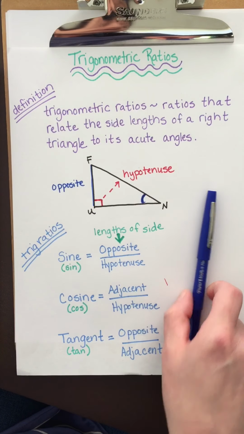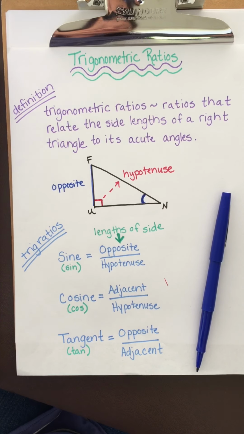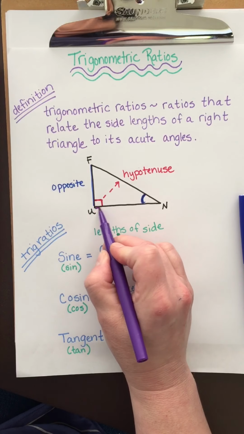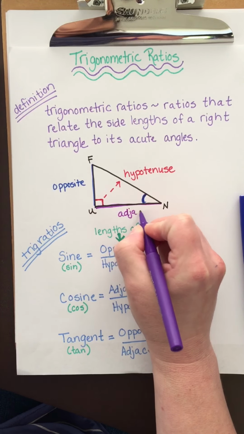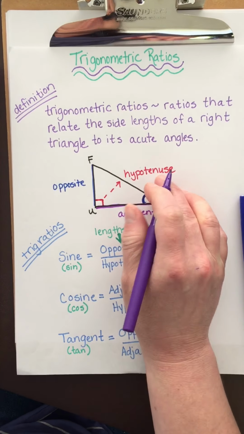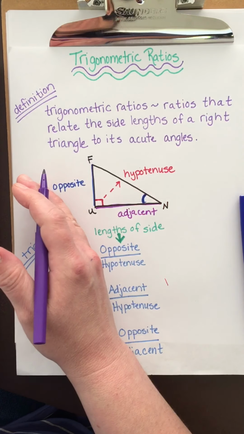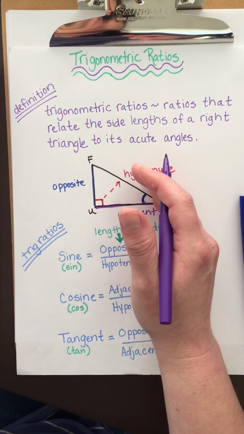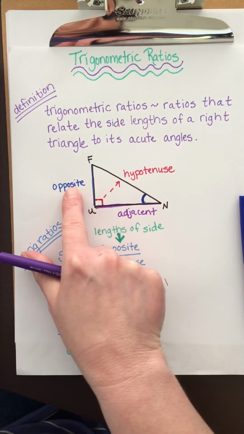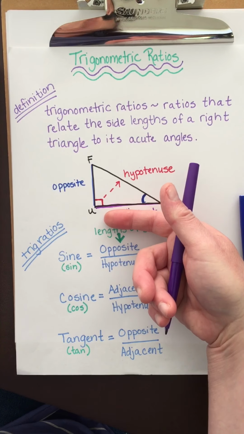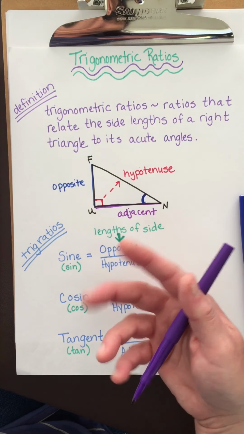And then the third side, which is part of the angle and is not the hypotenuse, is the adjacent side. The hypotenuse is the hypotenuse. It's not the opposite, it's not the adjacent. The side of the triangle that's not part of the angle is the opposite side, and the other side is the adjacent side.